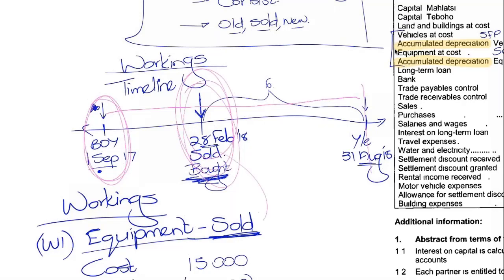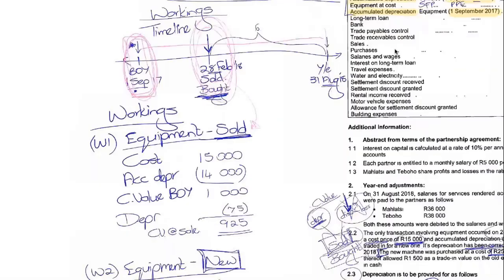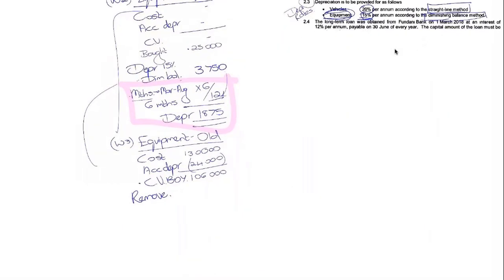We've dealt with it completely already. So all I want to do is remove anything to do with that sold asset from this calculation. So we remove the cost and the accumulated depreciation out of there entirely. Okay, so we remove the sold, which means that the cost, we're taking the 130 minus the 15, as well as the accumulated depreciation, which is the 24 minus the 14.